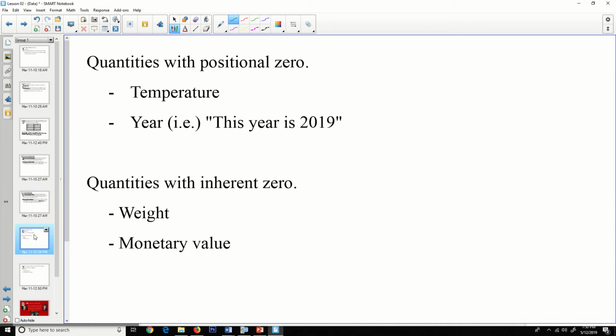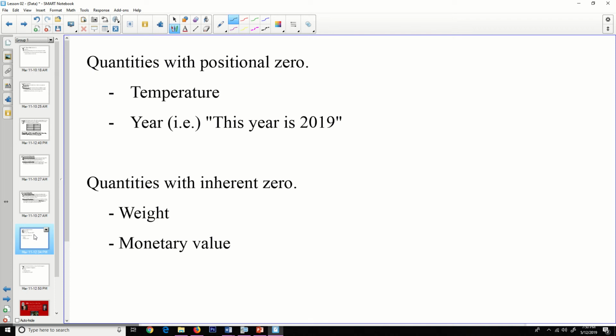So let's go down here. Quantities with positional 0: temperature has positional 0. If we're talking Celsius, not Fahrenheit, we say positional 0 because 0 is when water freezes on Celsius. But we can have values that are beneath that; minus 10 degrees does still mean something.